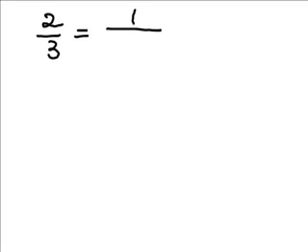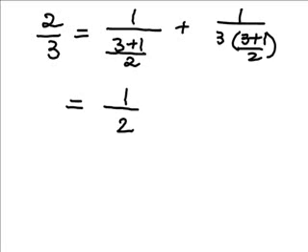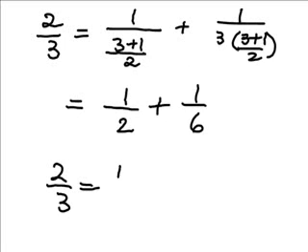I'm going to have 1 over 3 plus 1 over 2 plus 1 over 3 times 3 plus 1 over 2. And this is going to be 1 over 2 plus 1 over 6. So I know that 2/3 is equal to 1/2 plus 1/6.